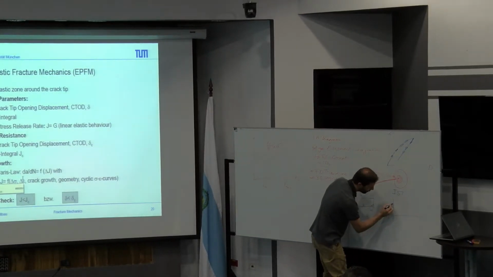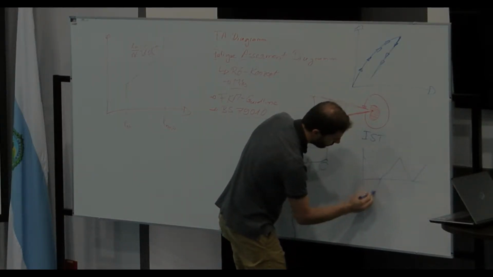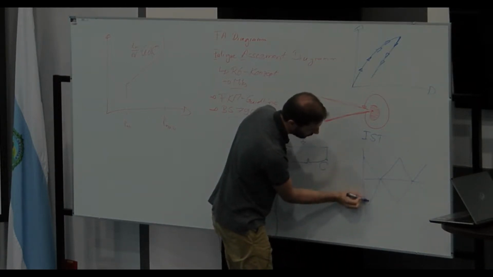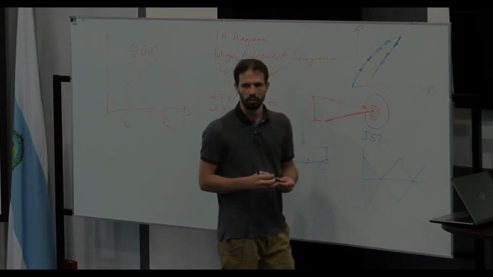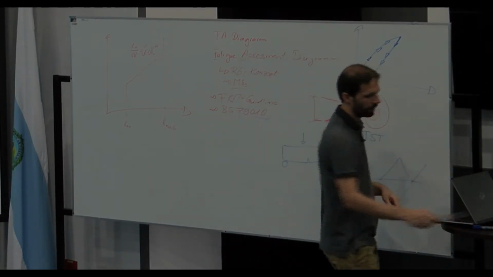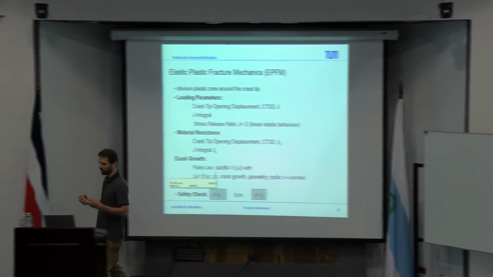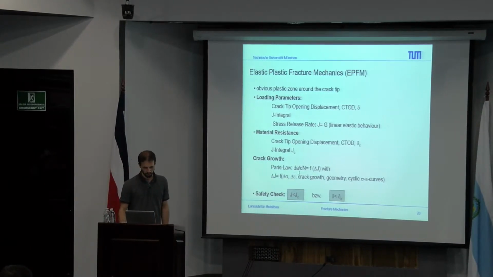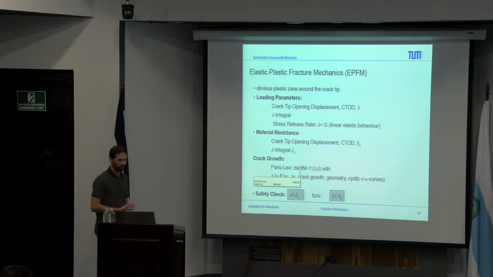So we have here some testing which is basically going like this, and inside this we have our amplitudes, and due to this we can define the cyclic sigma-epsilon curve. So this is the description of the material in a cyclic behavior, and with this information at the end we can also recalculate the delta J.